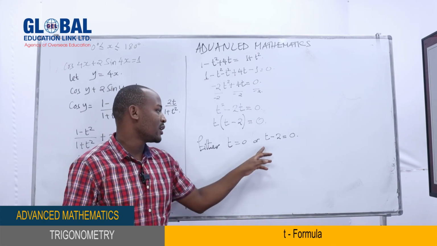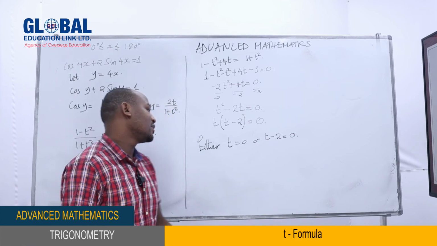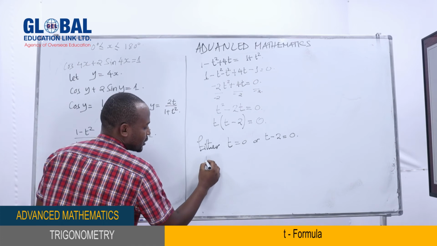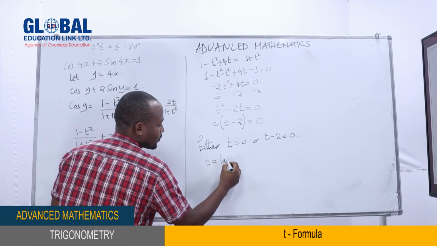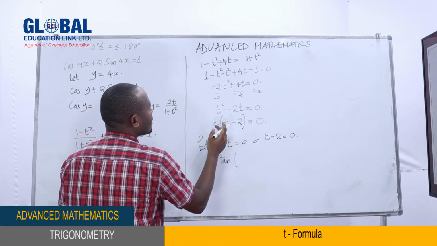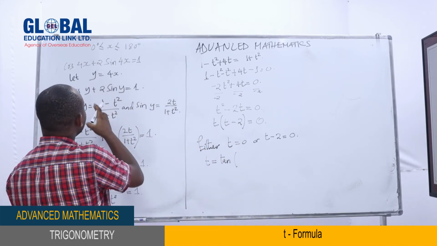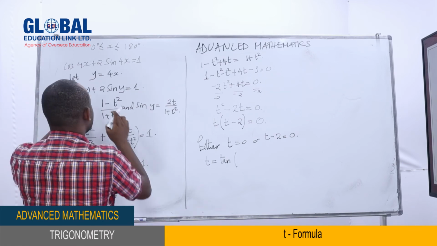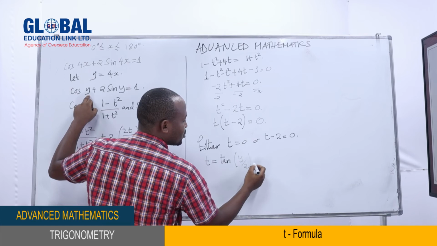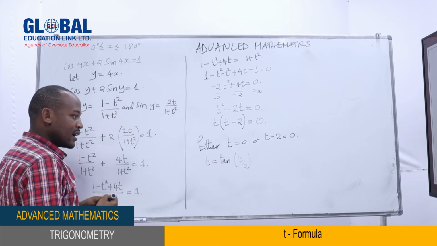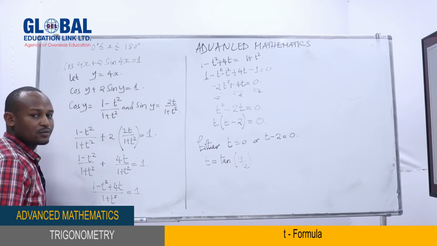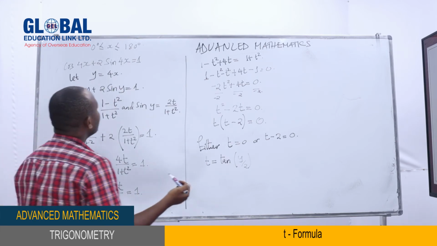Then you take this one into the general formula and that into the general formula. We know that t is equal to tan of, in the case of our question, y over 2. But remember, y is 4x.